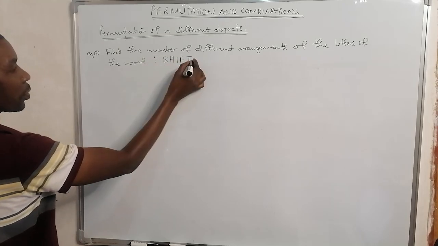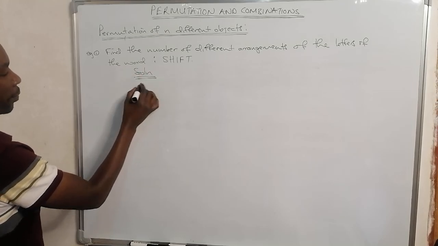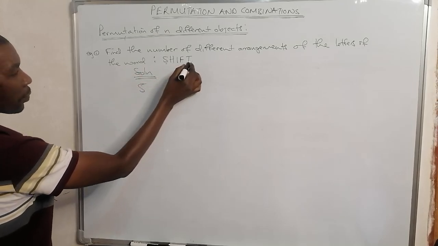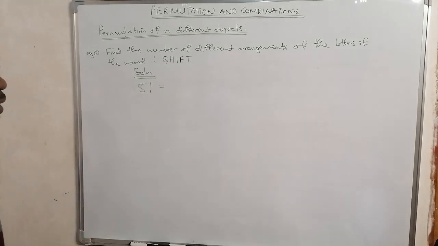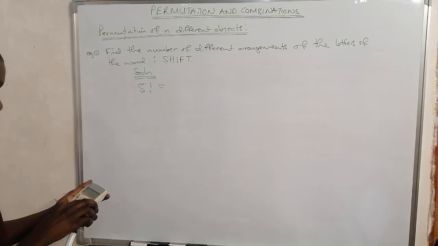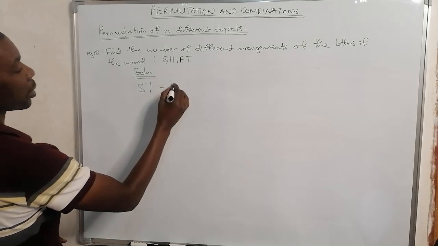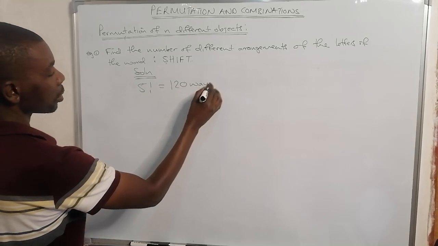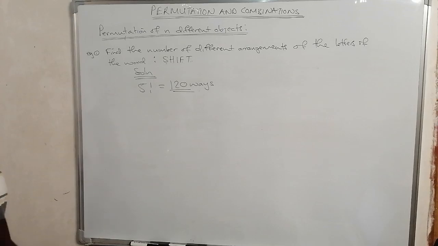Solution: number of ways, we said it's 5, 1, 2, 3, 4, 5. 5 factorial, which is equal to, then you can simply punch 5 factorial in your calculator. That's 5 factorial, which is equal to 120 ways. As simple as that.